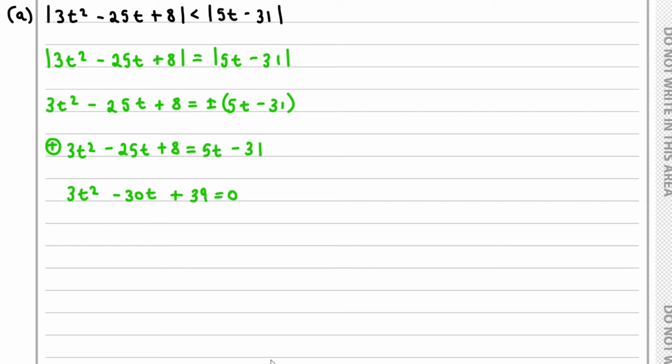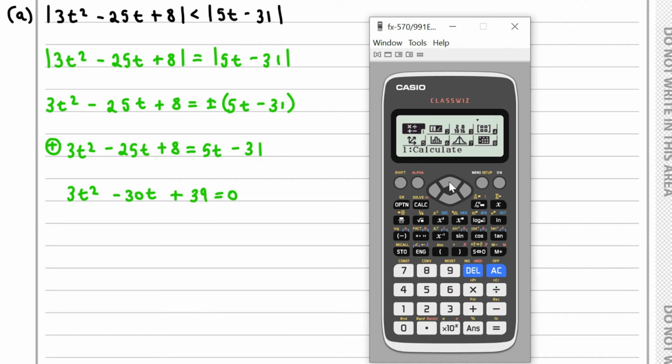And if we solve this, well, let's jump onto the polynomial solver. We have 3, minus 30 and 39 to input into our calculator. So it turns out here t is equal to 5 plus minus 2 root 3.